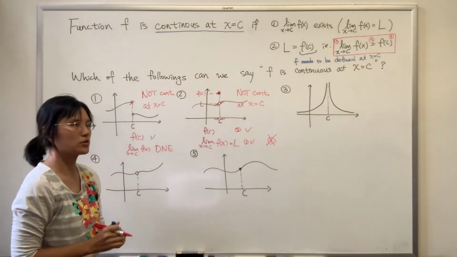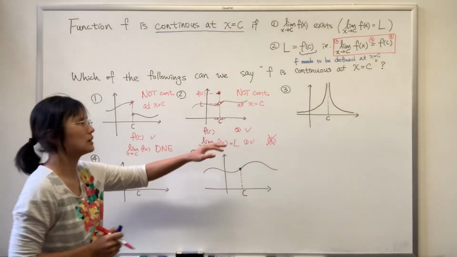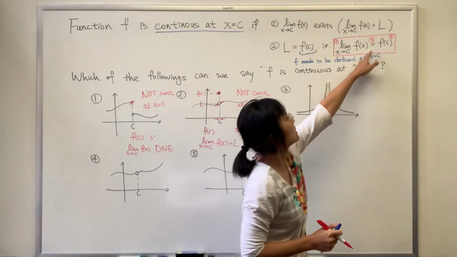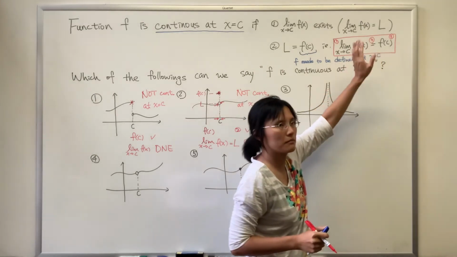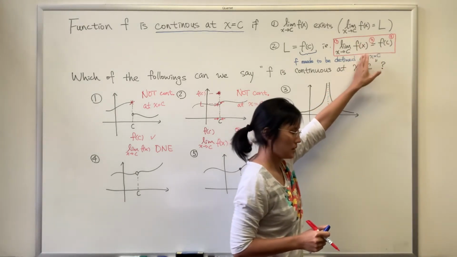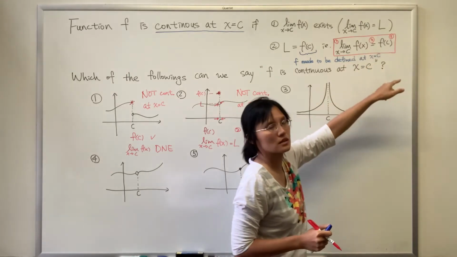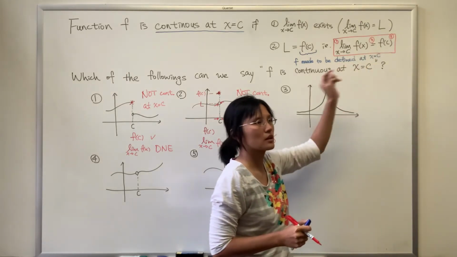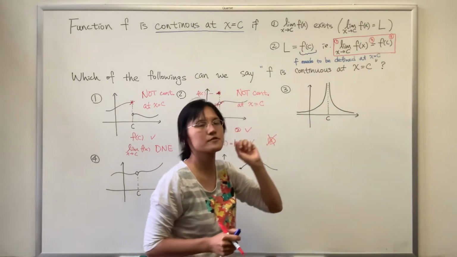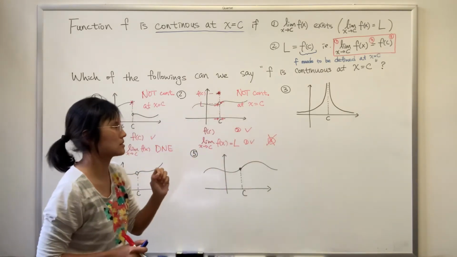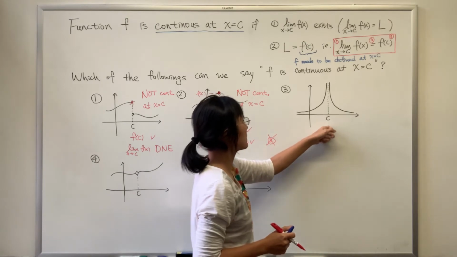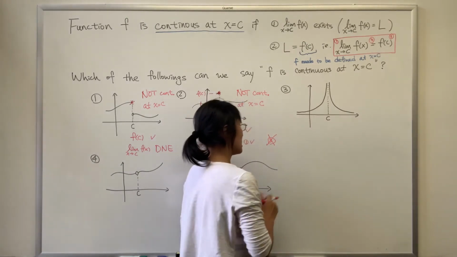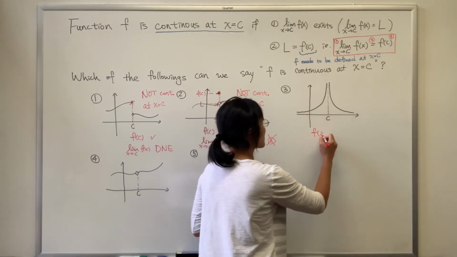Okay? I hope you're getting the idea. I have one equation down here, but every single component must hold, must make sense. If any of this fails, then I cannot say f of x is continuous at c. All right? So let's move on to the next one, number 3. Do I have f of c?